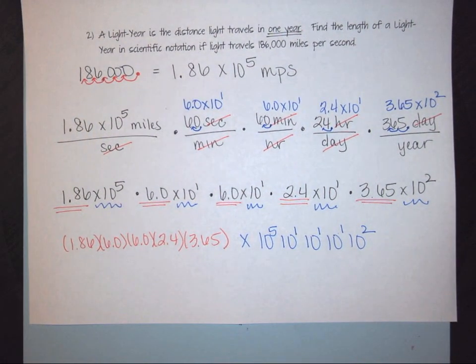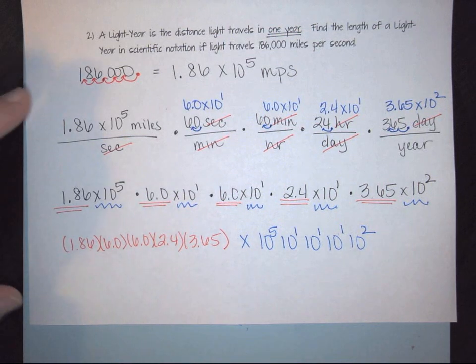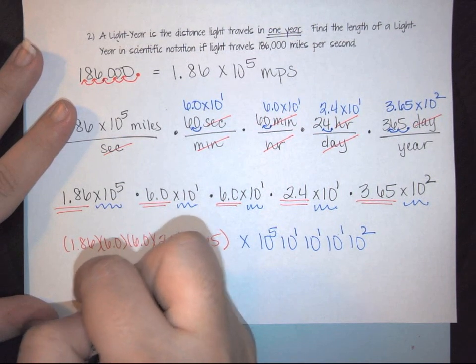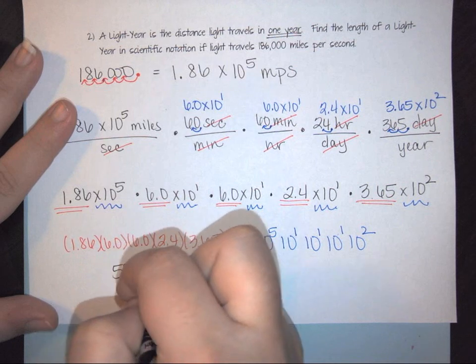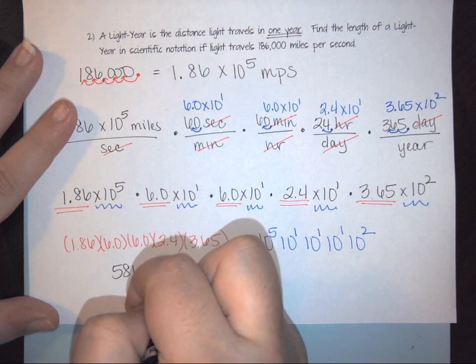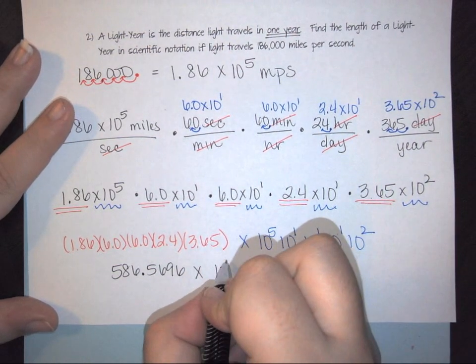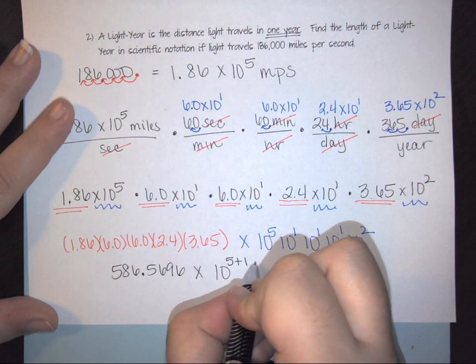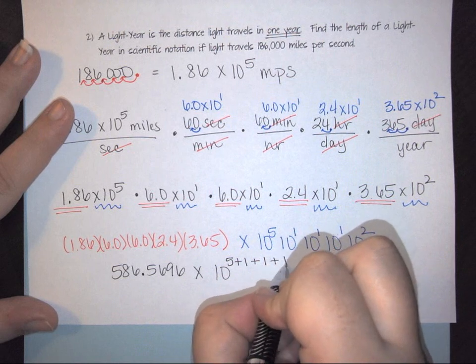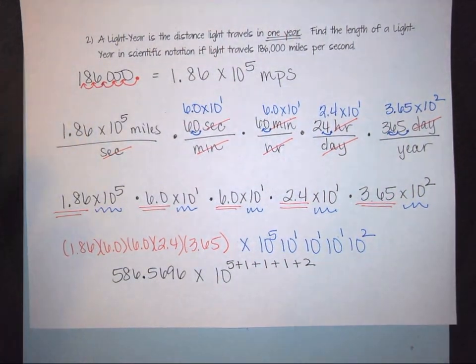So here we're going to do 1.86 times 6 times 6 times 2.4 times 3.65. And that's going to give us 586.5696 times 10 to the 5 plus 1 plus 1 plus 1 plus 2.